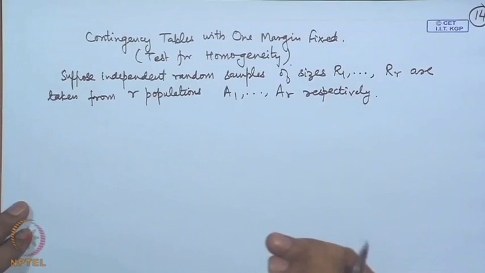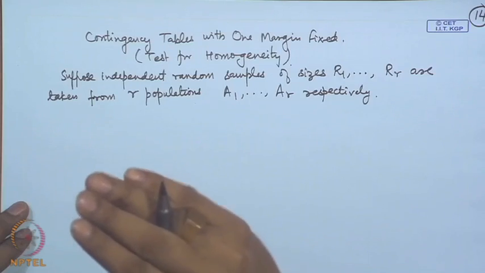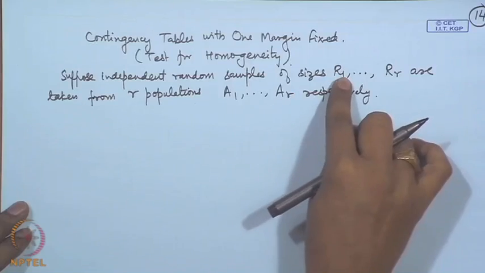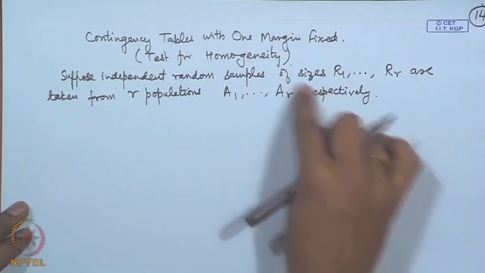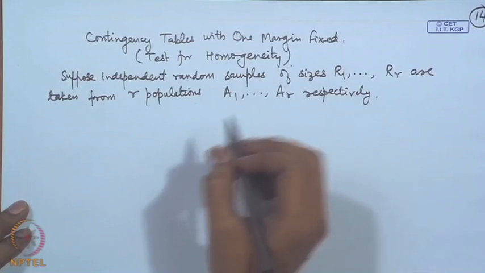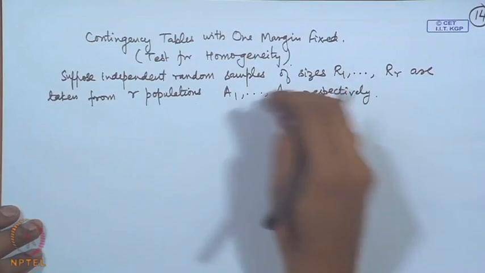In the earlier case, I considered the full population, and then the categories were called A1, A2, ..., Ar, and according to the other attribute B1, B2, ..., Bc. Now, here from each of them I am considering the samples. So, these will be called populations, and after the sample is taken, it is classified into B1, B2, that is according to the attribute B.